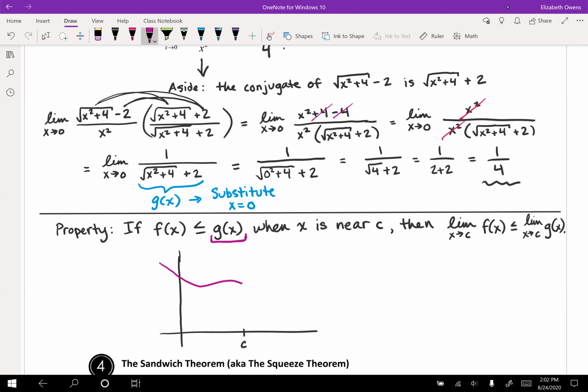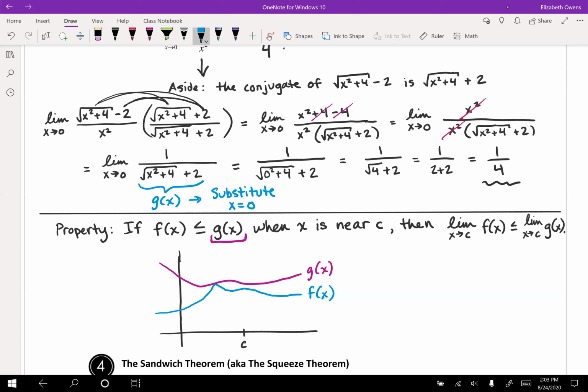So let's say g of x might do something like that. And f of x will come in and be less than or equal to g of x when x is near c. So f of x needs to be smaller. It could equal g of x at some point, but less than or equal to g of x.